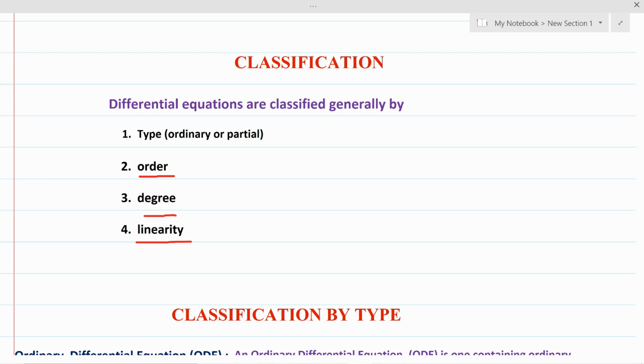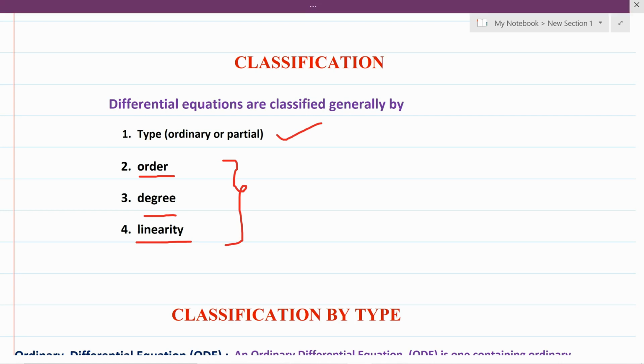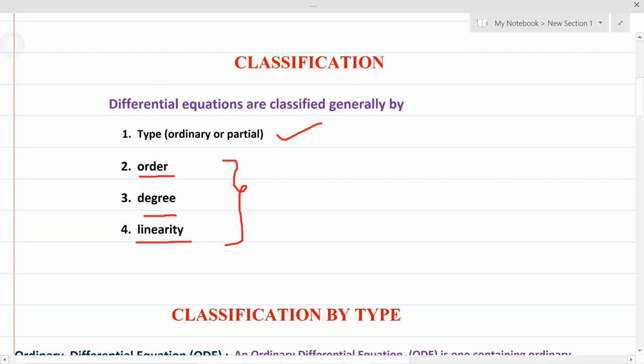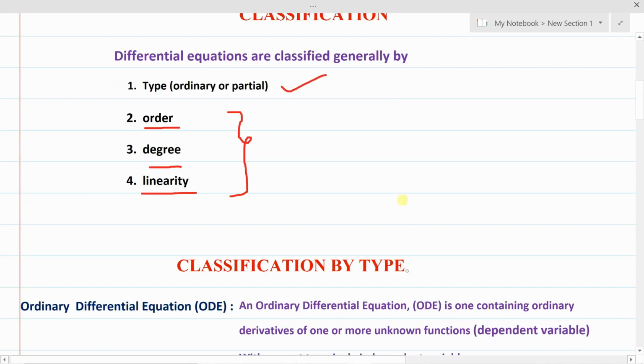These three are different, but the type comes with its definition, how it is being written. The moment you see it, you know, oh, this is an ordinary differential equation, or this is a partial differential equation. So let's take them one by one and start explaining them.